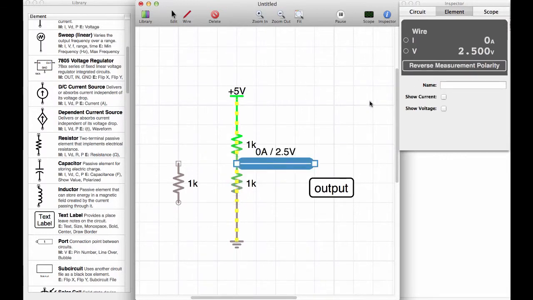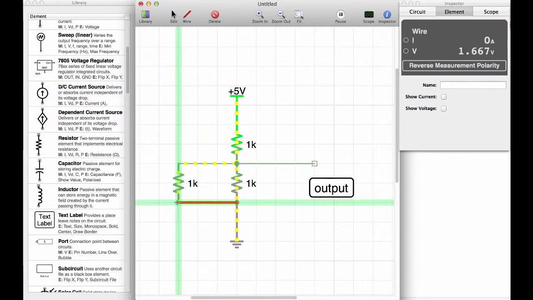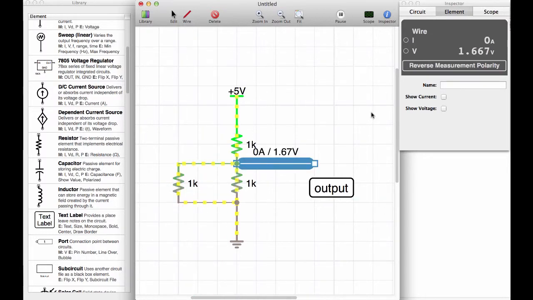So we're back to 2.5, and now I'm going to connect this additional resistor in with the wire tool, and let's see now what we have at the output. It's the same voltage as what we had with the 0.5 kilo ohm resistor.